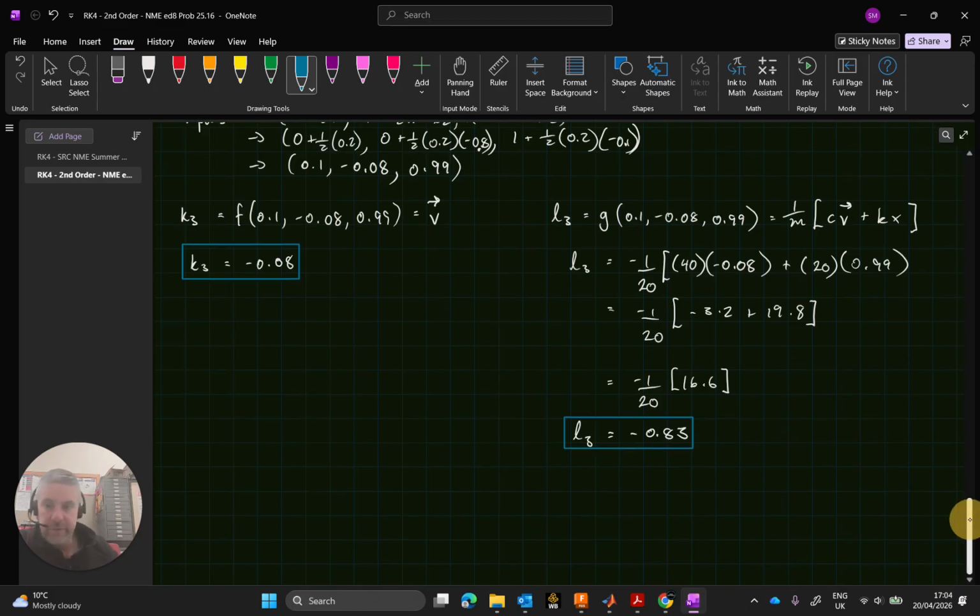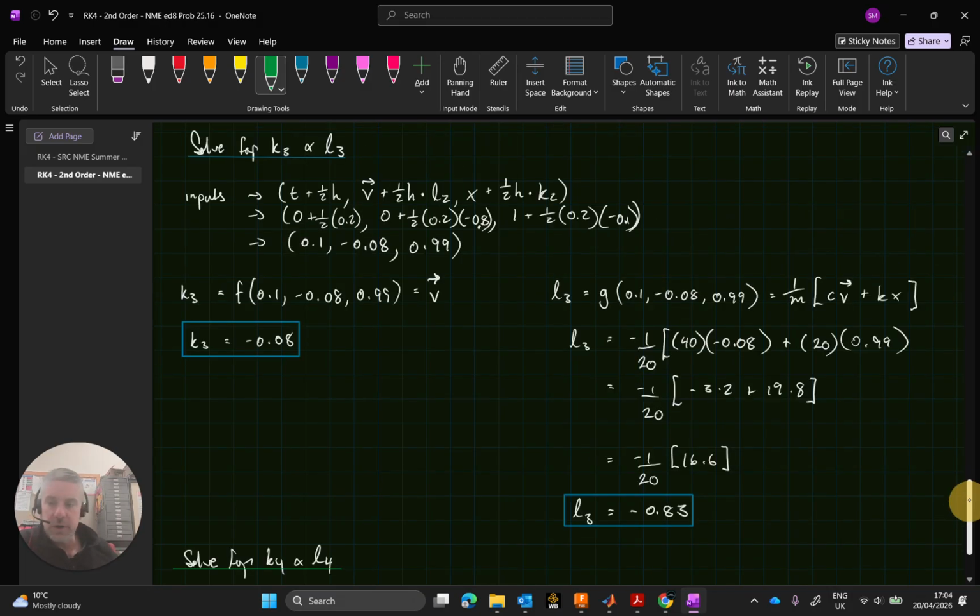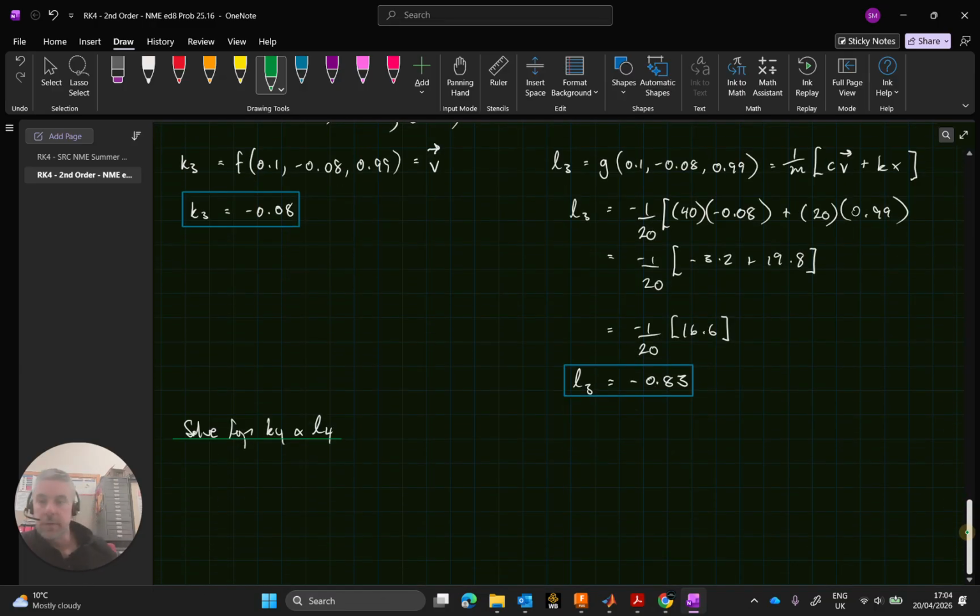Now let's solve finally for K4 and L4. Let's go green. Our adjustment values on these inputs are slightly different from the K2 and K3s, in that we're not using half step sizes now, but full step sizes.